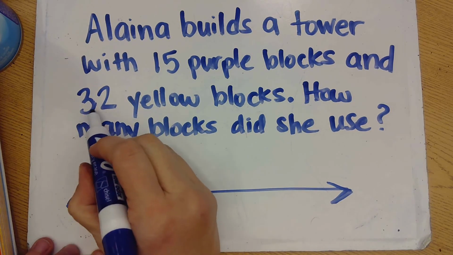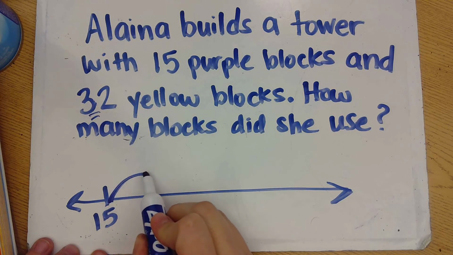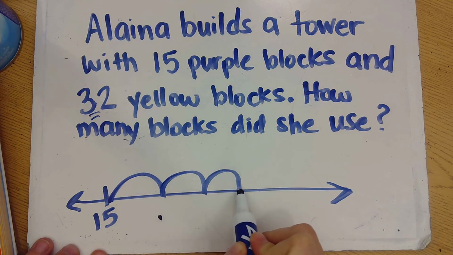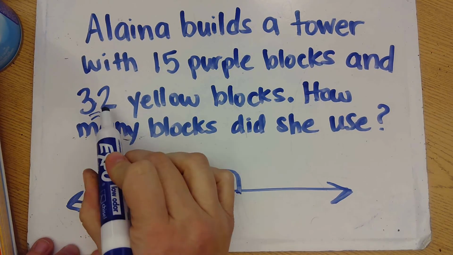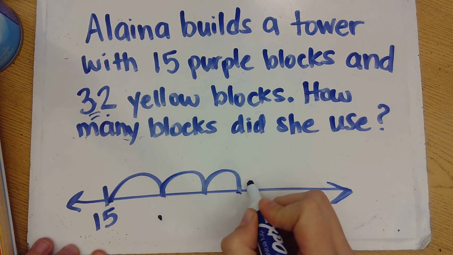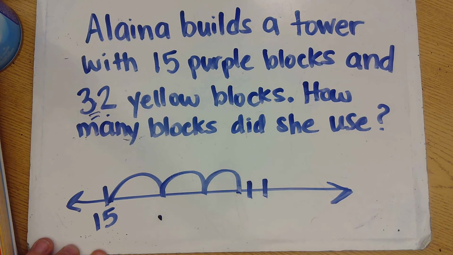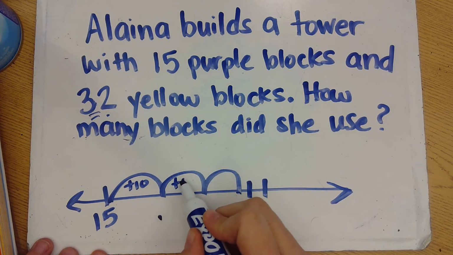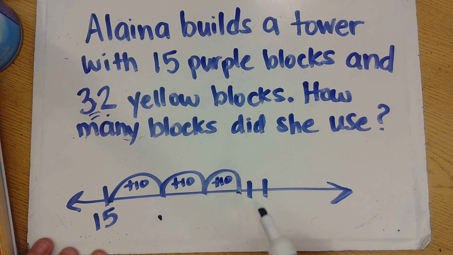So I'm going to hop 3 times for 30, so 10, 20, 30, and then I'm going to hop 2 more times for the ones, 31, 32. Now I am going to count each of these things to see how many she used in all.